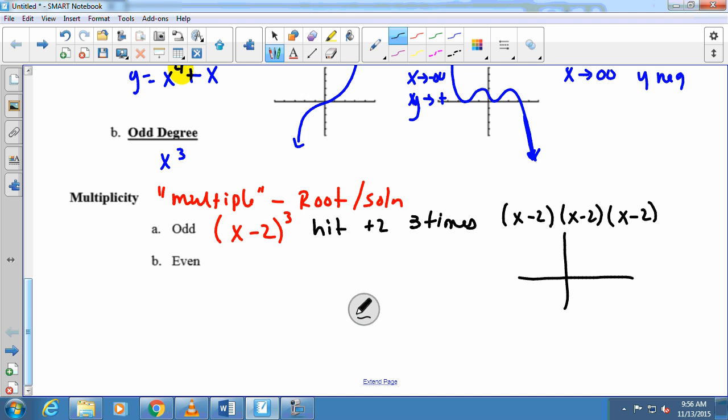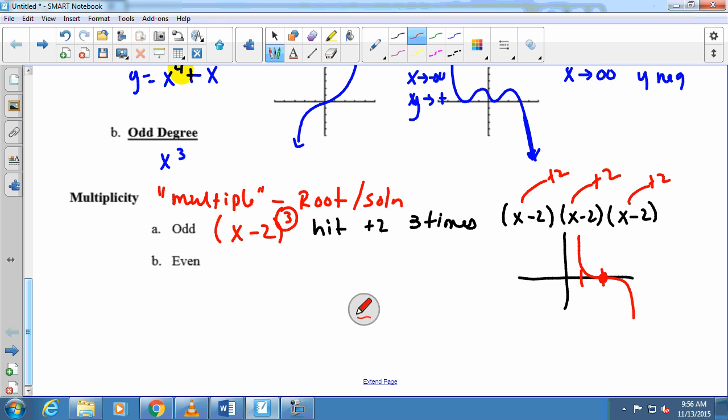However, on my graph, how am I going to know that it hit this +2, this +2, and this +2, 3 times? How am I going to know that? Well, what happens is this. I have an odd power. I have a chair situation. It's going to rest there for a count of 3.